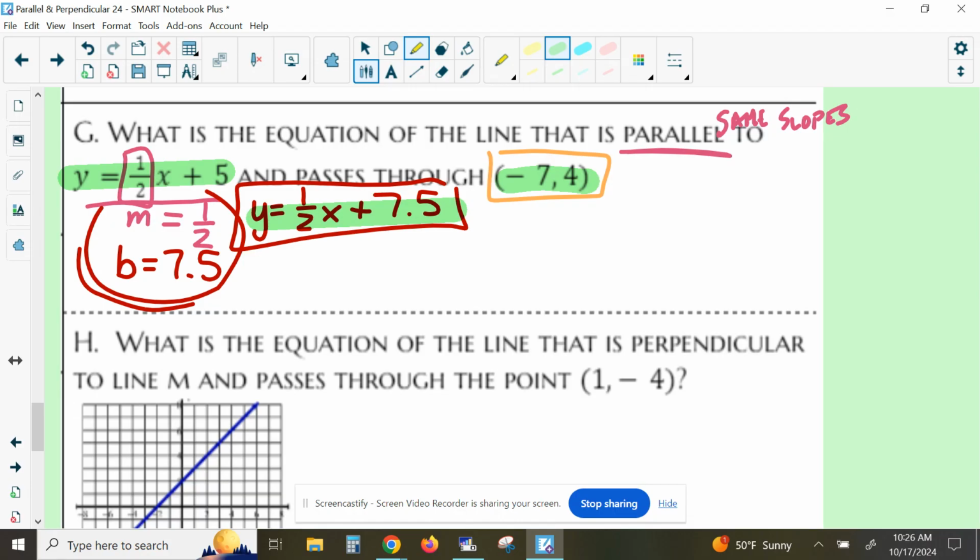Is it working? Did you check it? So if you type in both of these green equations, they should be parallel, and this one right here should be going through that point. We are correct. It does work.